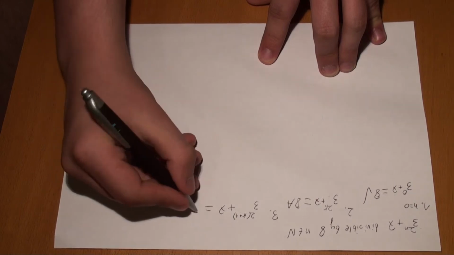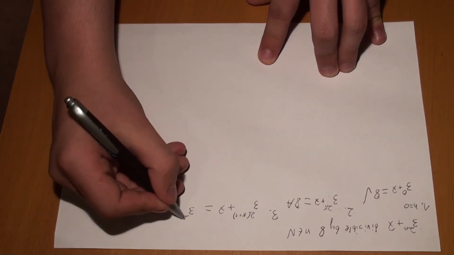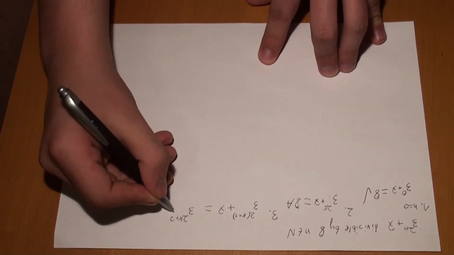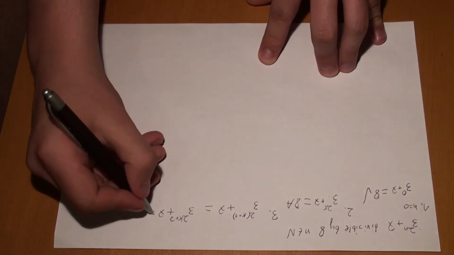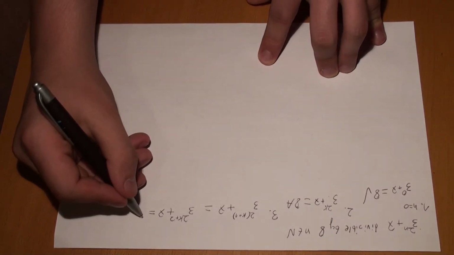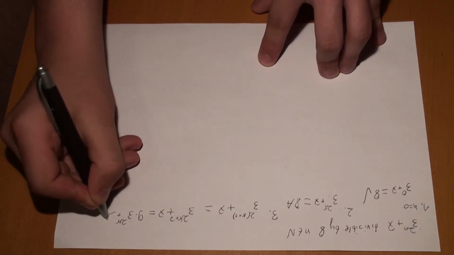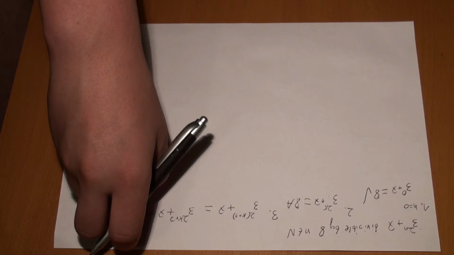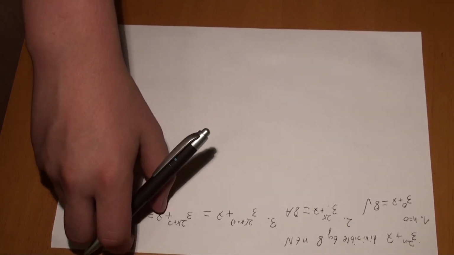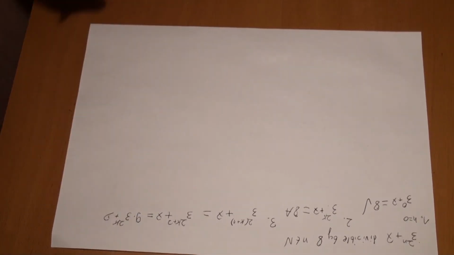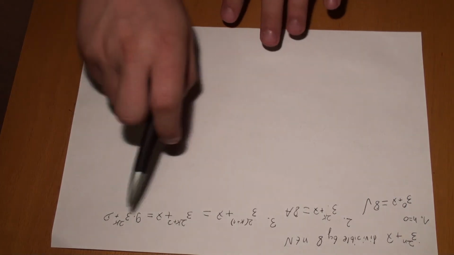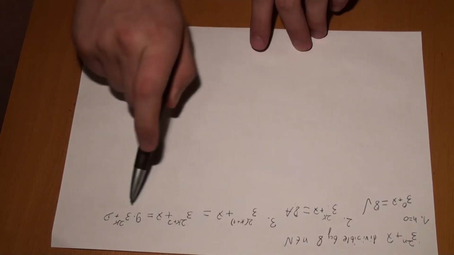Well, that is basically equal to 3 to the 2k plus 2, plus 7, and that is equal to 9 times 3 to the 2k, plus 7. Okay, and that's what it tells us. Now look here and here.